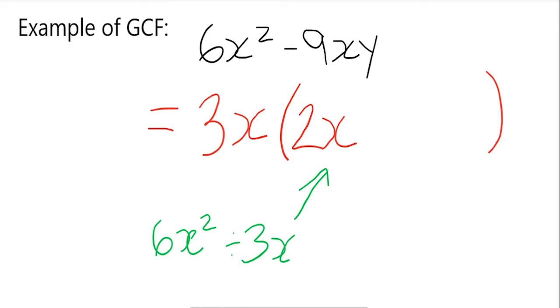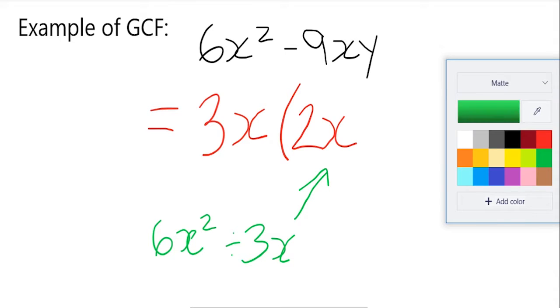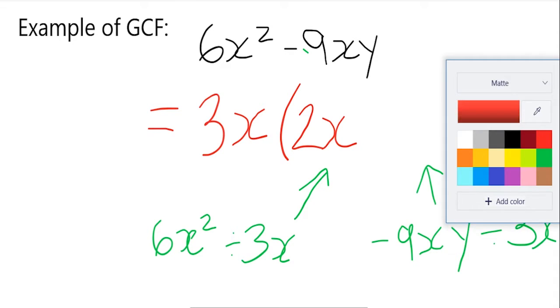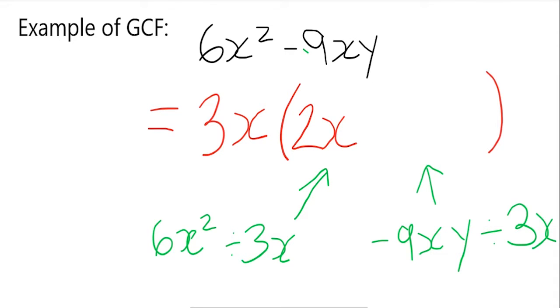And then let's take a look at our second term in our brackets over here. Here we're given negative 9xy. We're dividing by 3x. All right, so what does that give us? Negative 9 divided by 3 gives us minus 3.